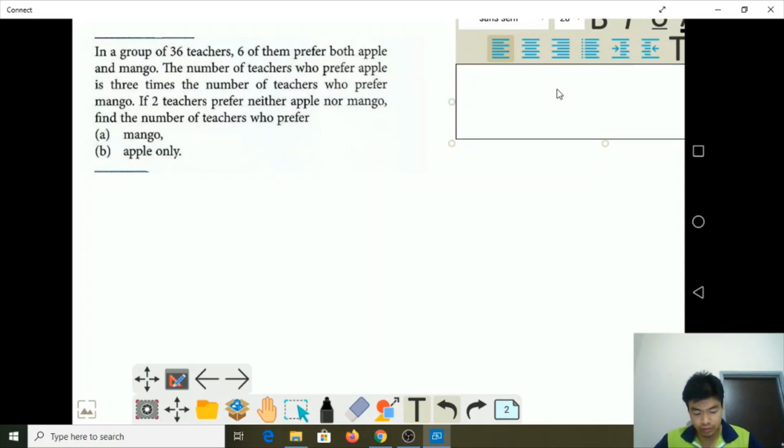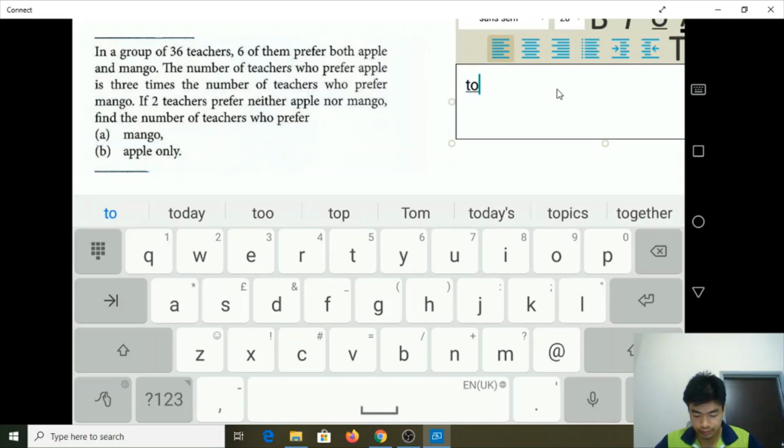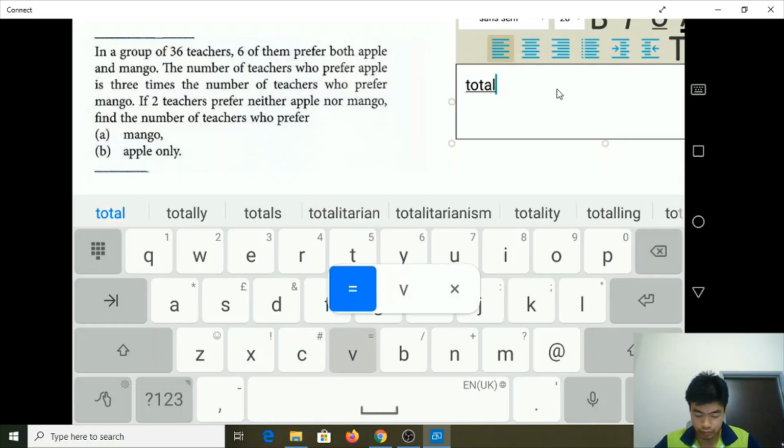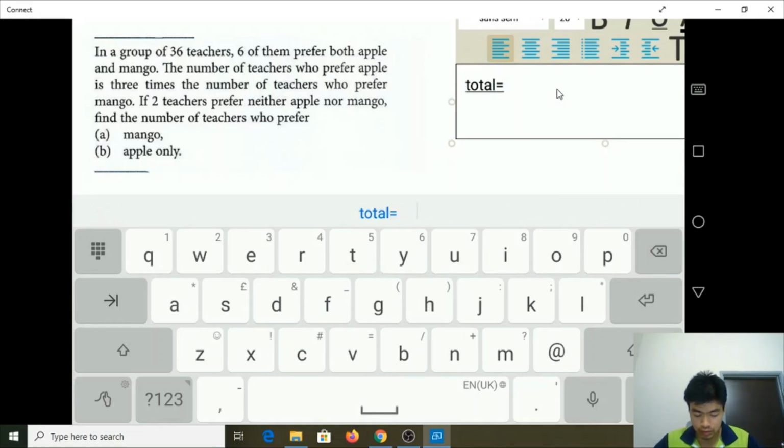In a group of 36 teachers, so the total equals 36.